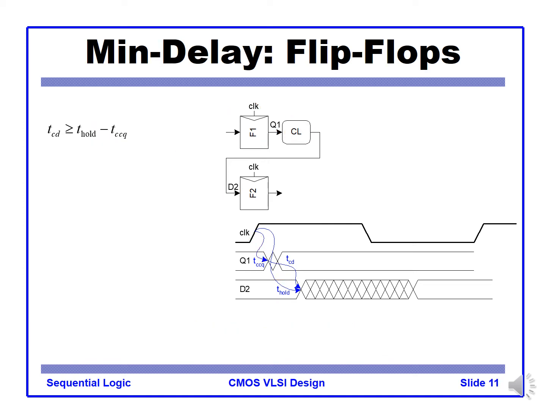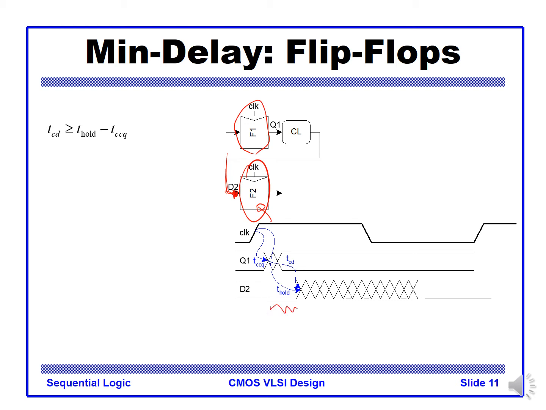For checking this minimum delay, you have to be very careful that there are two flip-flops here, right? The hold time check we are doing is on F2. So the data comes out, and the time it comes in or stays held should be specified by this T hold, right?